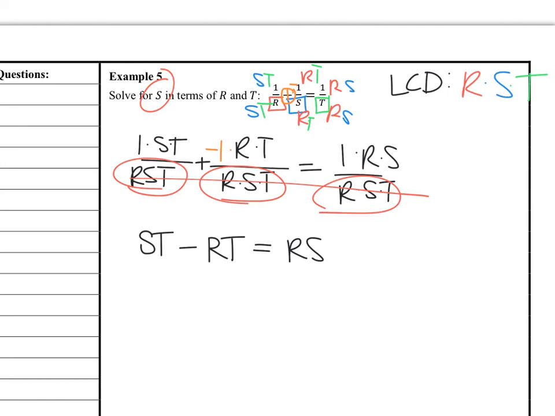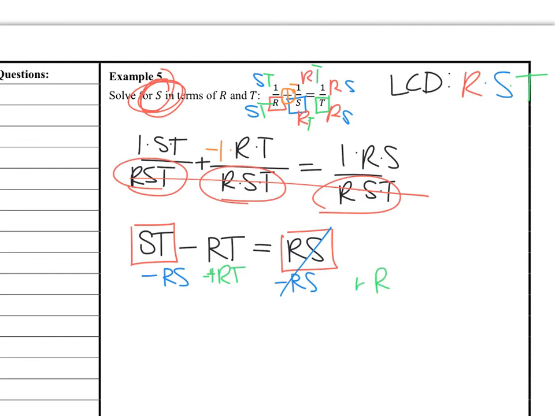And because, remember, our goal is to solve for s, what we're going to do is get all the s terms on one side. So I'm going to choose to subtract this rs. And then I also need to add this rt, because this rt does not have an s in it, and so it's got to move. So now we have st minus rs equals rt. And again, we're trying to solve for s.